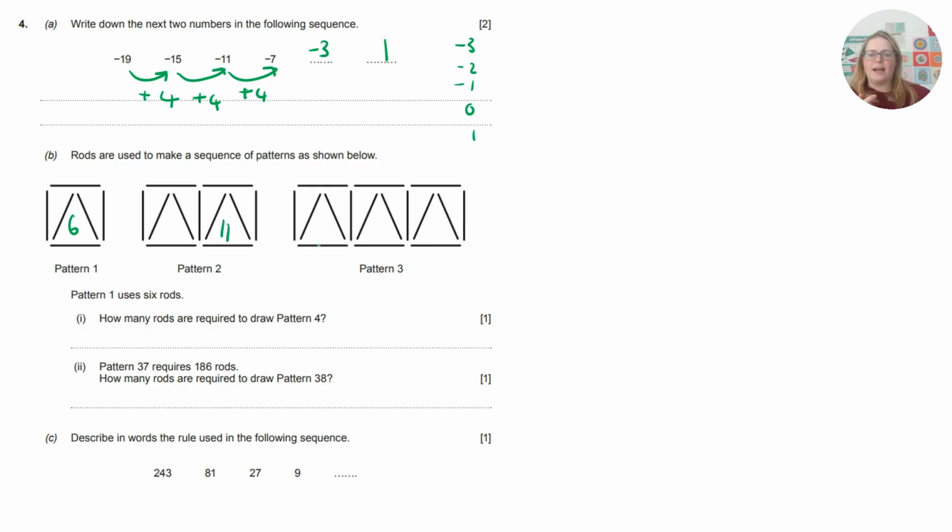Now I've got my 11 that I've already counted, and I'm adding an extra 5, so that's going to give me 16. If I wanted pattern 4, I'm going to again have to add 5. So that question, I should have had 21.